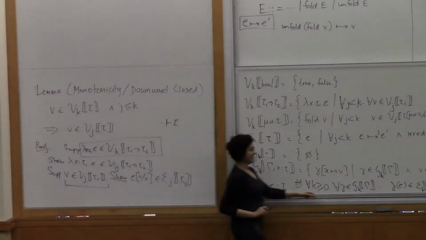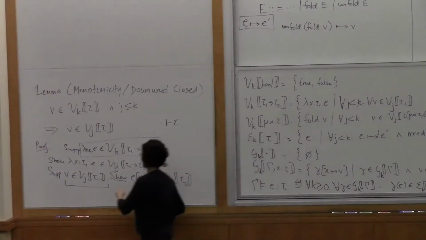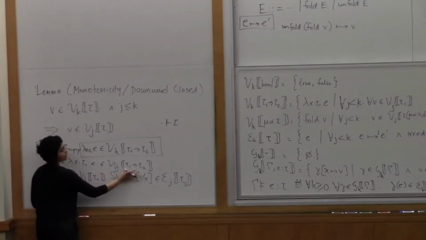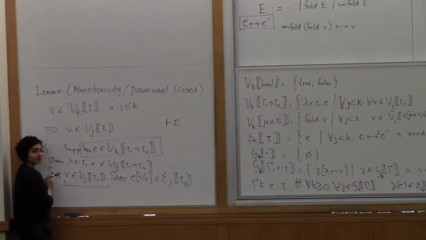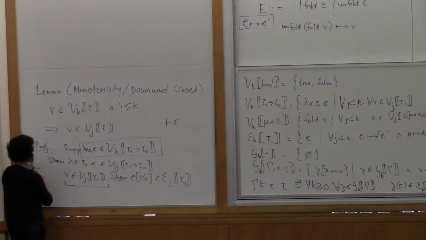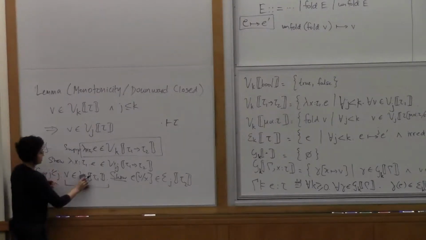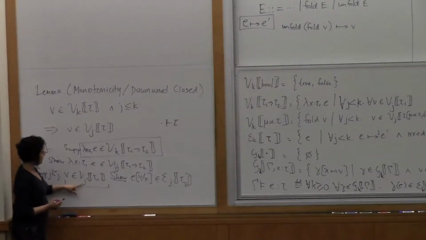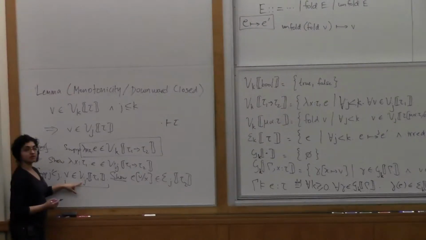Sorry. Let's go back and step through that properly. This time we have to show that this lambda term behaves like it has type tau 1 arrow tau 2 for j steps. First, we say, suppose we have some j prime that's less than j, and suppose that we have a v that behaves like an appropriate argument value for j prime steps. So j prime is less than j, and j is less than or equal to k.